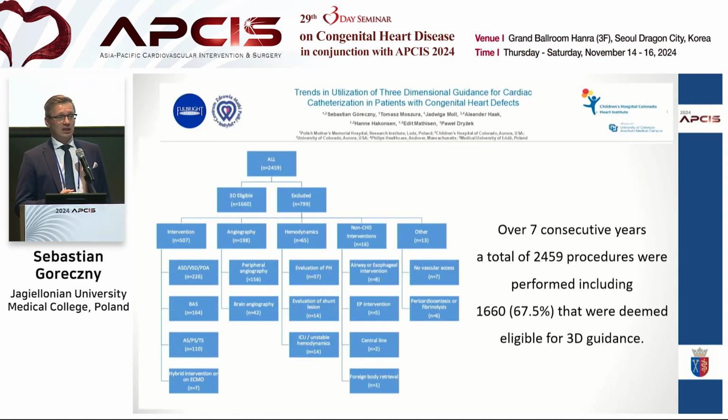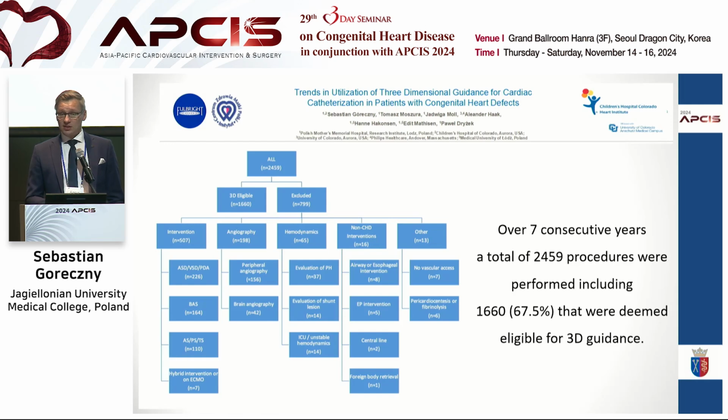You might wonder, okay, in how many patients can that be beneficial, that can be useful? I looked at 7 consecutive years at my previous cath lab, and we had almost 2,500 cases there. Obviously, not every case needs 3D imaging. I don't think for regular balloon atrial septostomy you need that. For PDA closure, you probably don't need that. For a PH study, for example, you don't need rotational angiography or fusion.